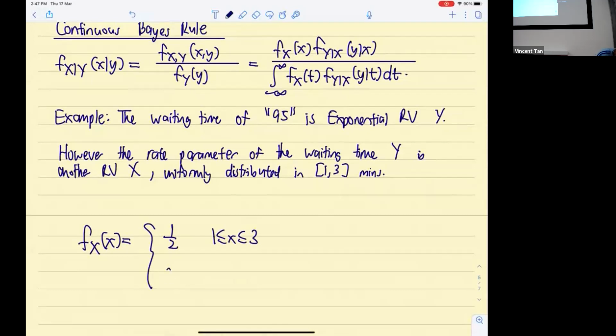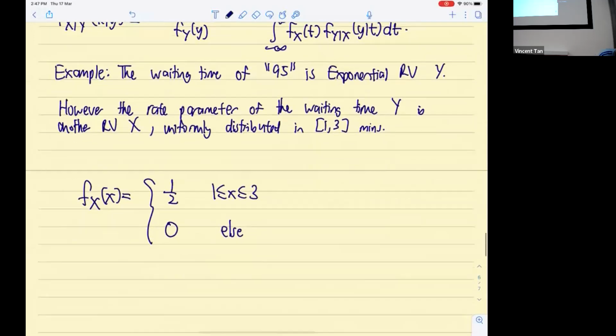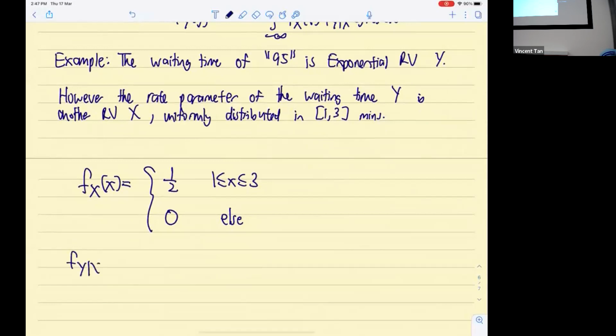That is x, 0 otherwise. Okay, now we are given that our waiting time conditioned on the rate parameter being x is exponential lambda, or exponential x. Okay, so this is equal to x e to the minus x y for y greater than or equal to 0, and 0 otherwise.